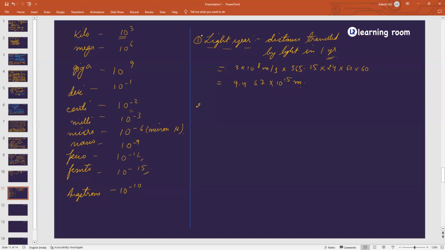Okay. Now, second type of distance that we use. These are big distances. Astronomical unit. It is the mean distance of the sun from Earth.